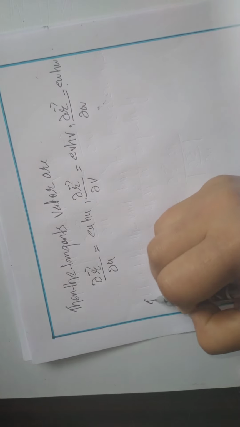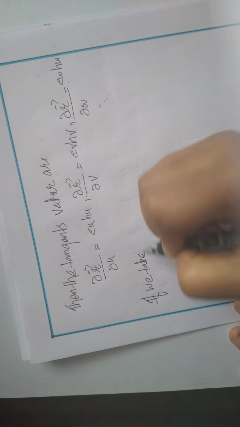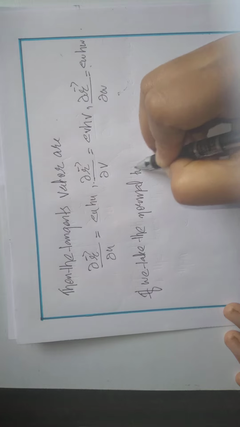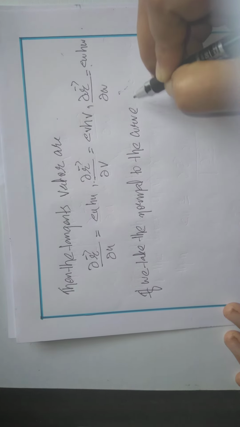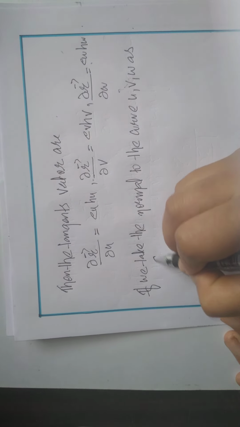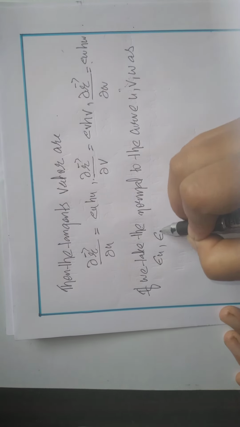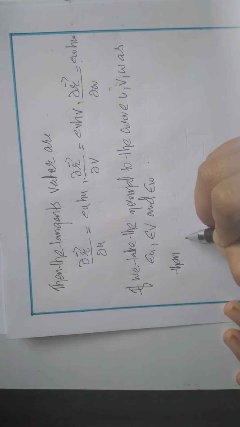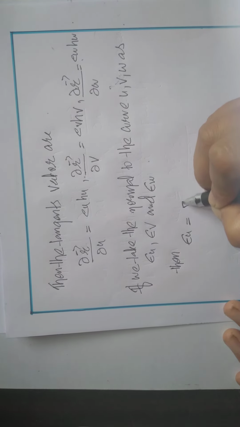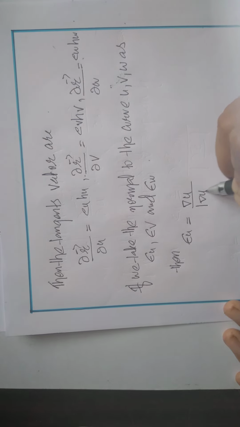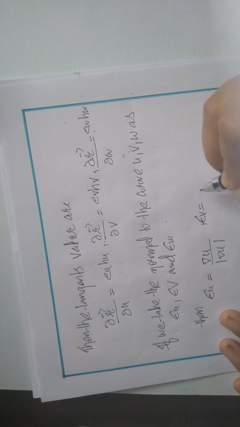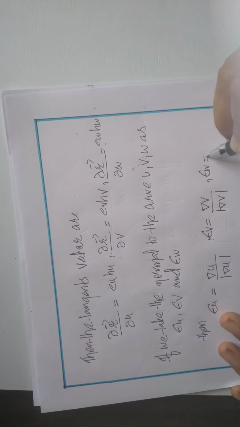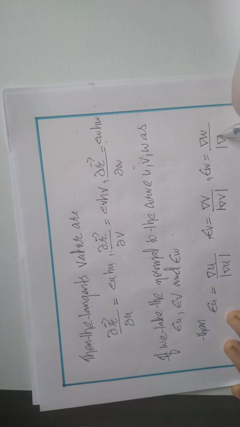Now if we take the normals to the surfaces u, v, w as EU, EV, and EW, then EU equals del u divided by mod of del u, EV equals del v divided by mod of del v, and EW equals del w divided by mod of del w.